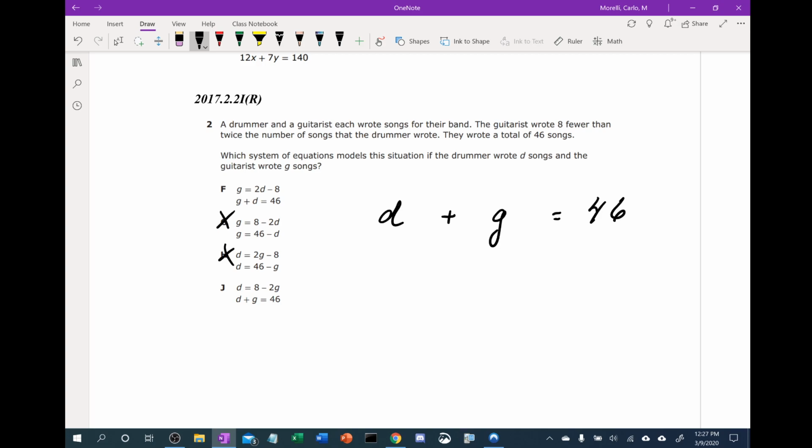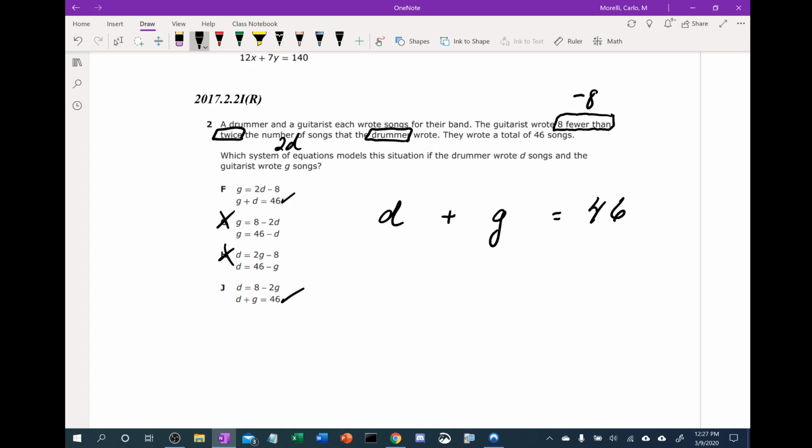Okay, so you see these look good. Now the next part, this is what Leo was getting at. Let me break this down for you. 8 fewer than means minus 8. Twice drummer, that's 2D.